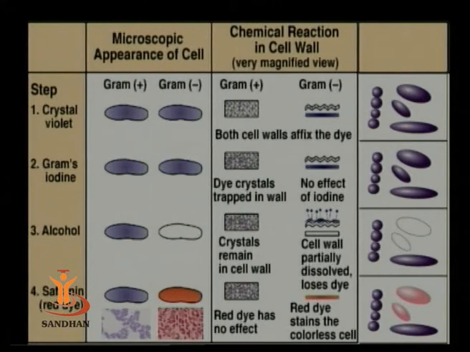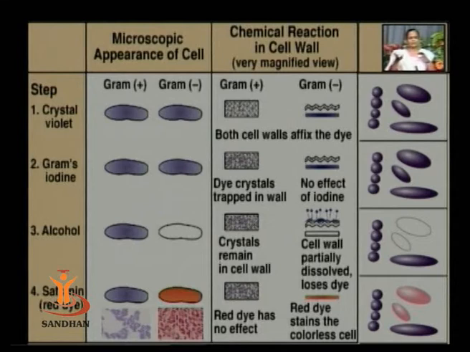This is a slide showing the gram staining reactions. When the crystal violet stain is applied, all the cells take up the color of the primary stain. Then when you apply gram's iodine, they form a crystal complex, and all the cells still remain colored.